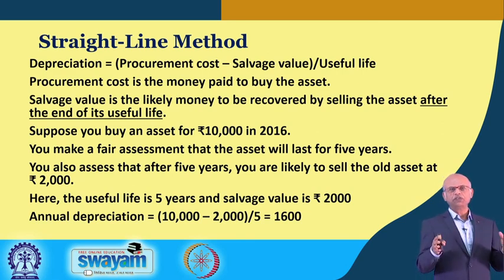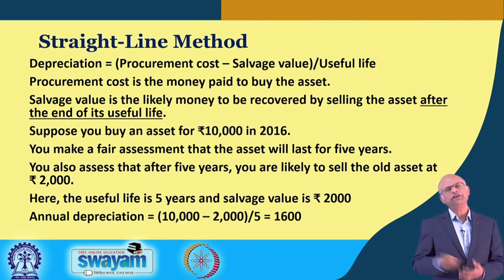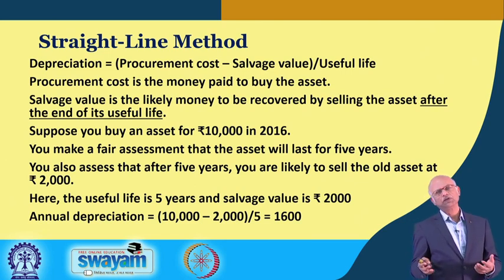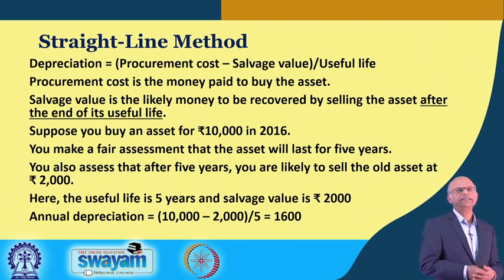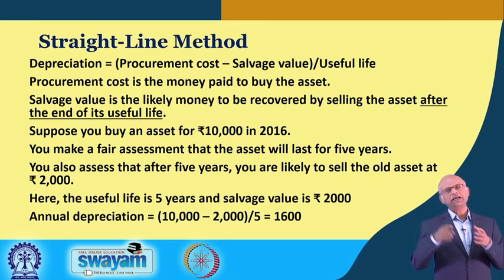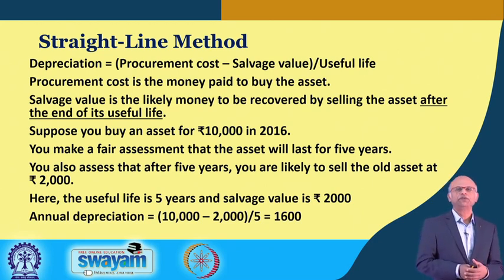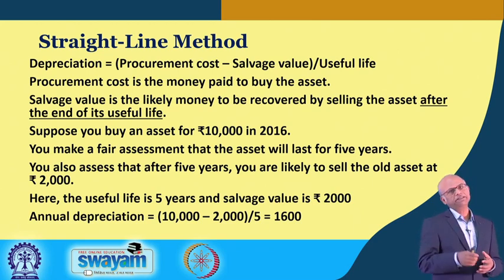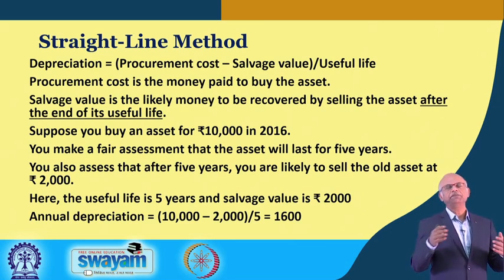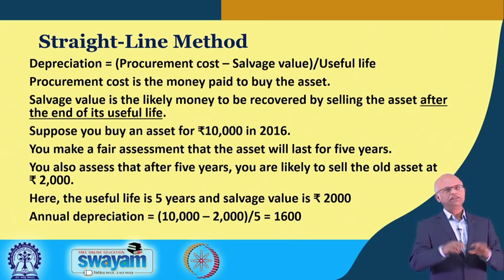If you think that the Xerox machine after 5 years of useful life can be sold for 20,000 rupees, that 20,000 rupees is the salvage value or terminal value. In some texts it will be written as terminal value. So, procurement cost was 1 lakh rupees, salvage value was 20,000 rupees, divided by useful life. Useful life is 5 years in this case. Useful life and salvage value are subjectively decided, meaning that there is no formula.